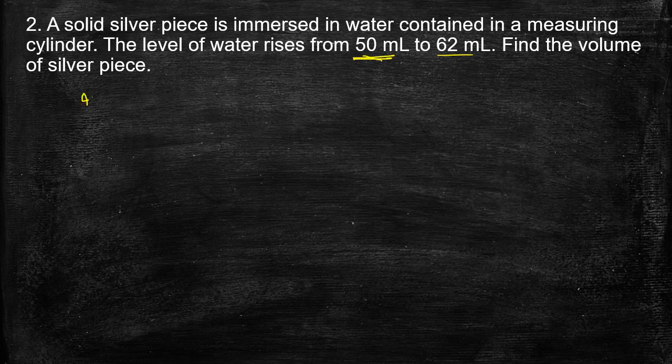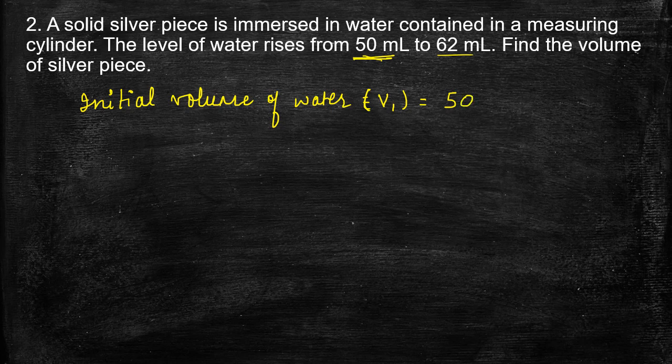So here initial level, or you can say initial volume of water, it is 50 milliliter. Initial volume we can take as V1. So V1 is 50 milliliter.